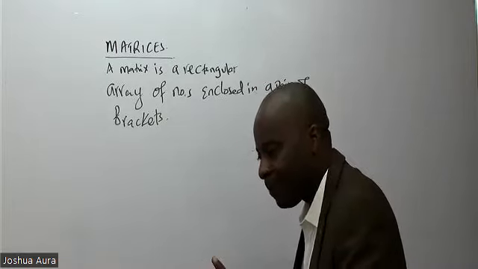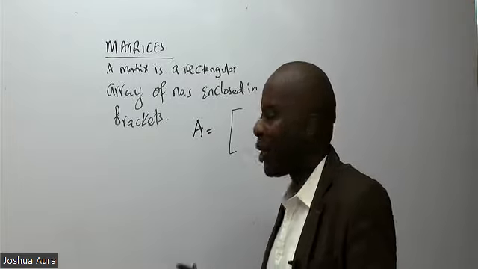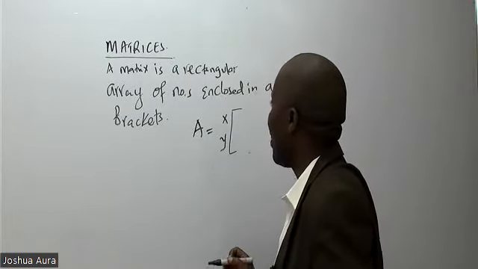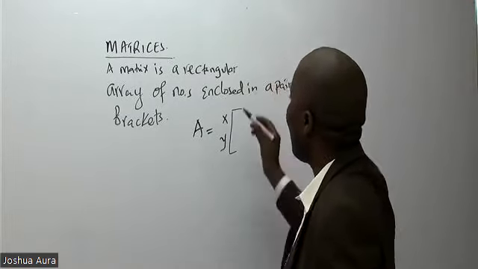So for instance, if you go to a good shop that sells clothes, right? If it's shirts, these shirts here could be coming in form of what here? In form of sizes. So we have, for example, shirts type X and type Y, and they're coming in sizes here. So we have size 1 and size 2. Shirt X of size 1 could be going for 300 shillings.